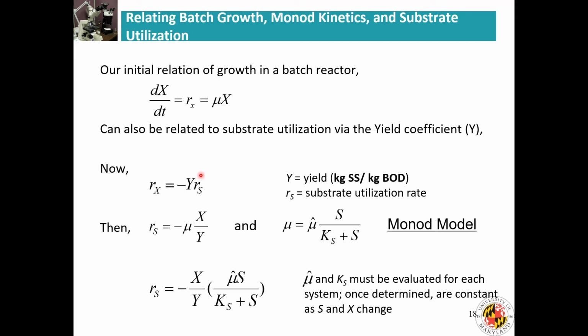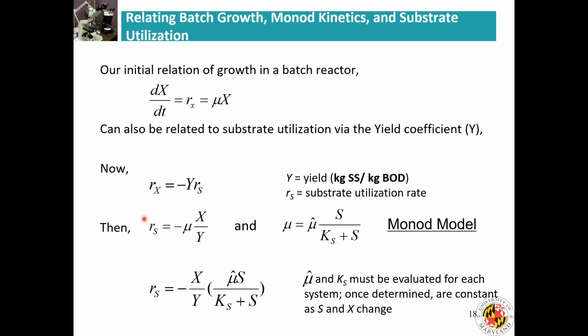And the second equation, we're mostly going to talk about this rS, which is defined as the substrate utilization rate. So this is basically the same as dS over dt, right? Because this is the change in concentration of the substrate over time, which is the substrate utilization rate.